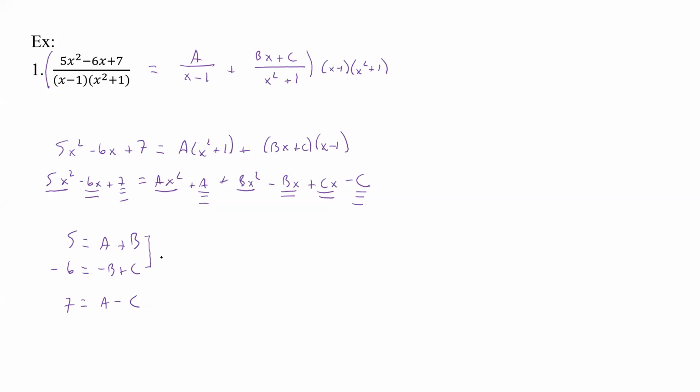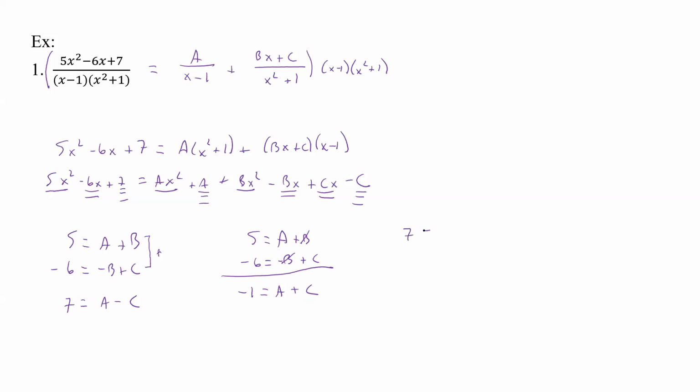First add those 2 together. So if I write plus, then I'm going to have 5 equals A plus B, minus 6 equals minus B plus C. When I add those together, that cancels that. Here I have A minus 1 equals A plus C. Now I'm going to add to that.